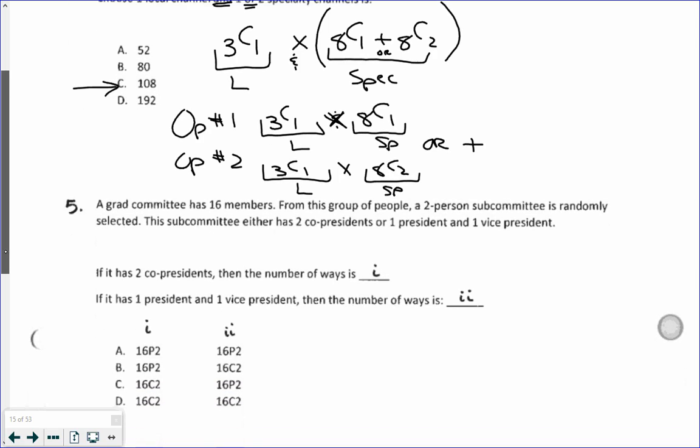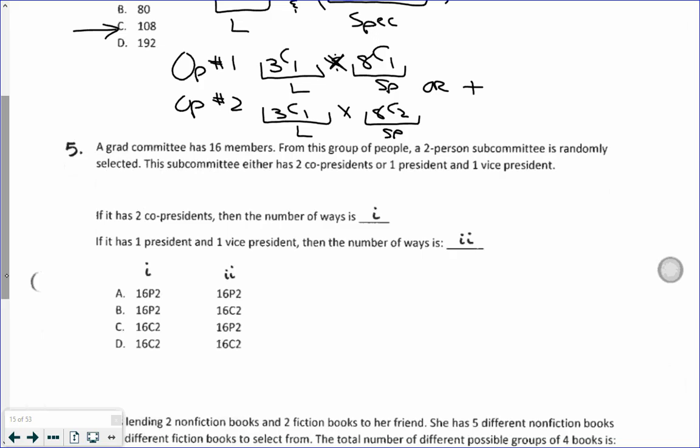Okay, so this one, there's no punching in. This one, you just have to figure out, are we dealing with a P question or are we dealing with a C question? So take a minute, see if you can figure out the next one.